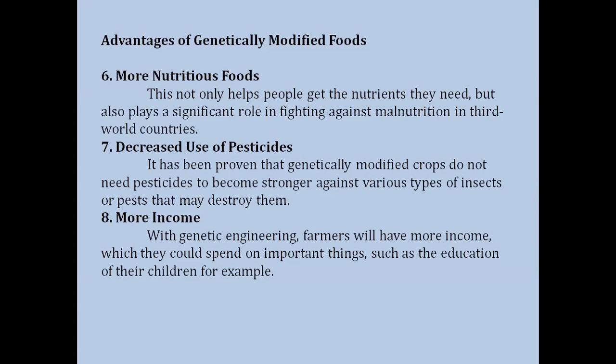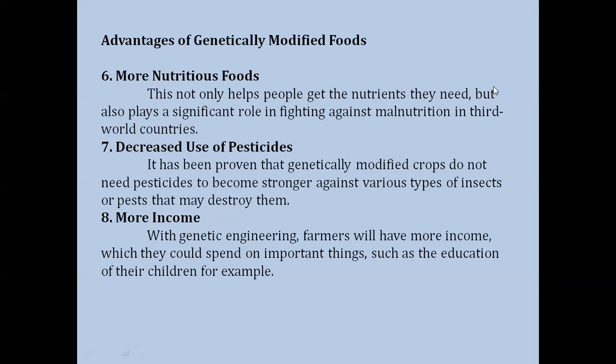Third world countries like India, African countries, Latin American countries are developing countries, and they need more nutritious foods because their population is high, and malnutrition is also very common.